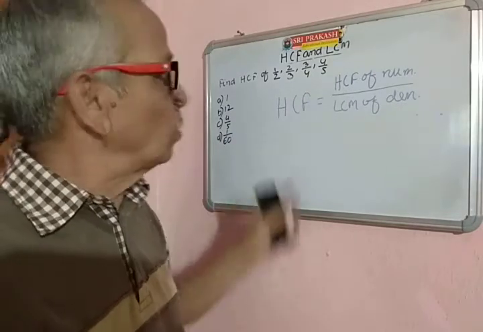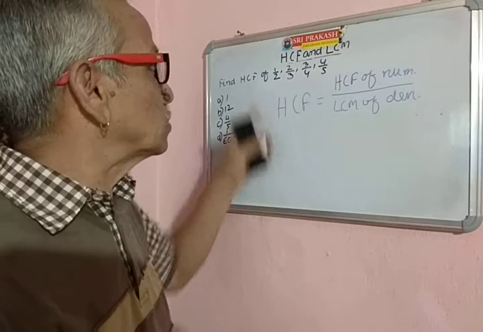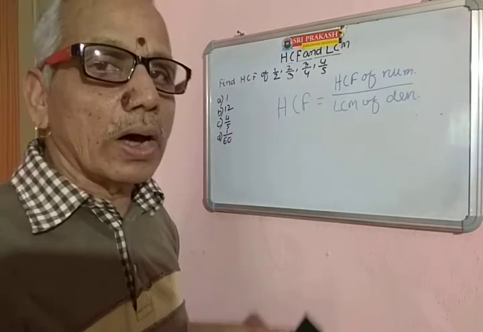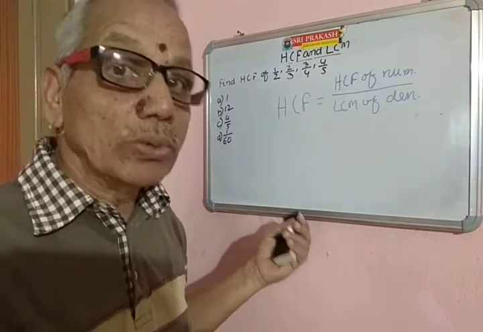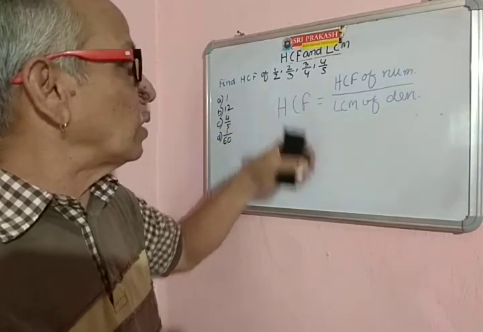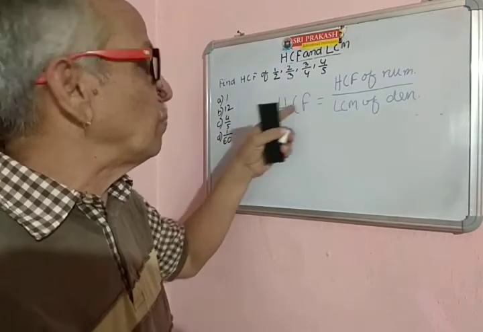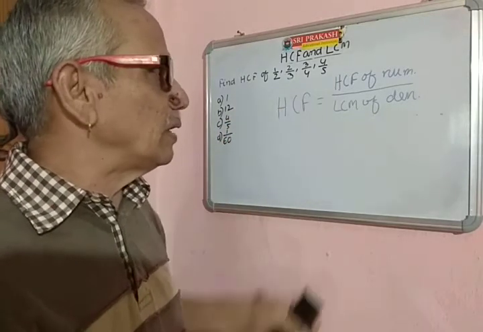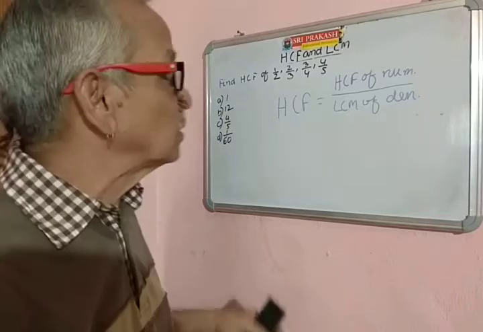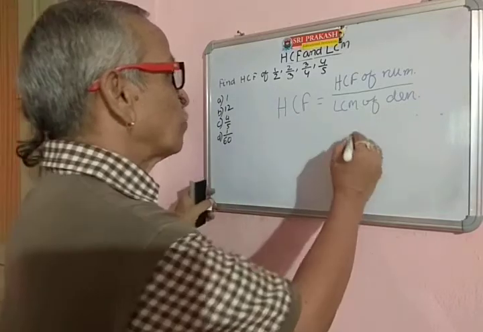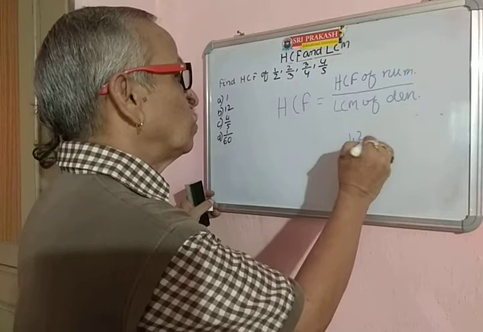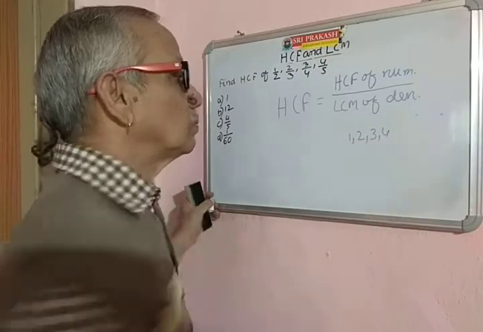Just as I told you, what are your numerators? 1, 2, 3, 4 are your numerators. And what are your denominators? 2, 3, 4, 5. So you have to find the HCF of numerators. You see 1, 2, 3, 4.